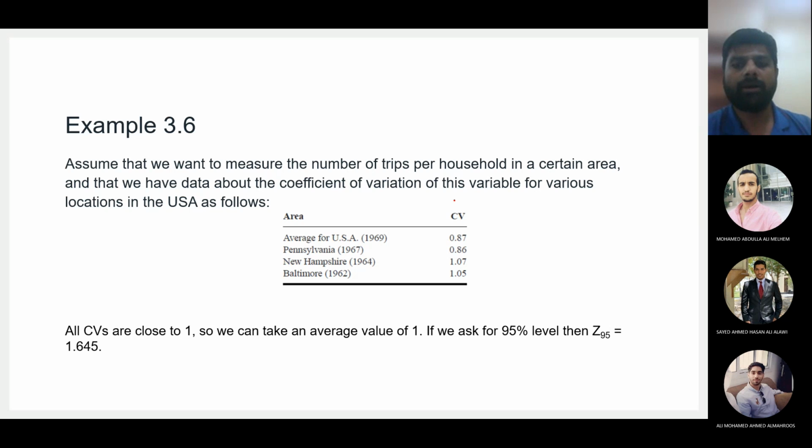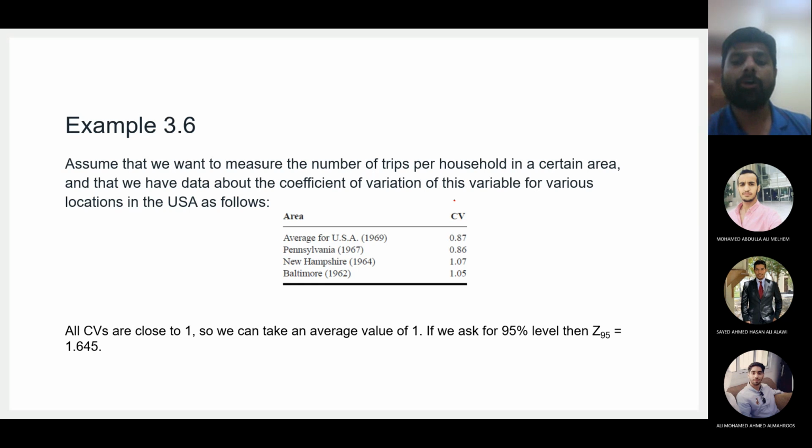Okay, let's assume we want to measure the number of trips per household in our area, and we have the data about the coefficient of variation for the variable which you want to collect for various locations in the USA. For example, you want to collect the number of trips per household, and they already did this exercise maybe 4 or 5 years ago.